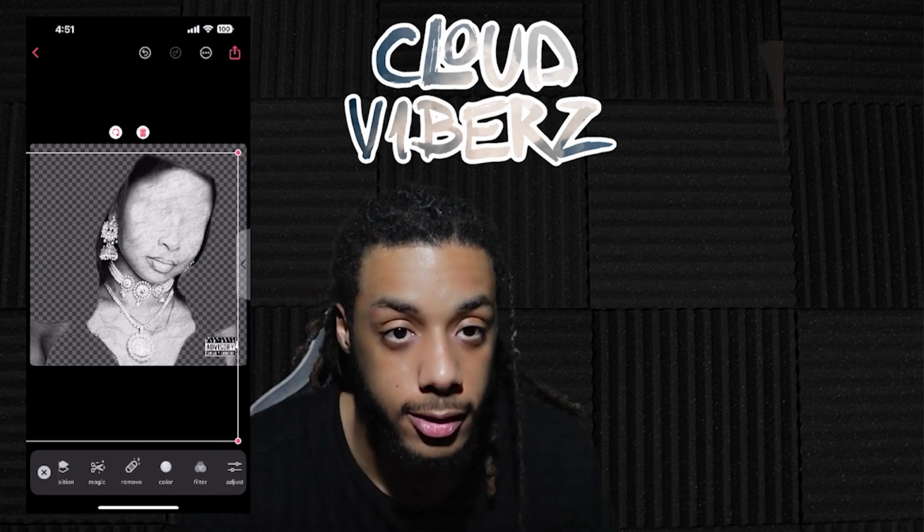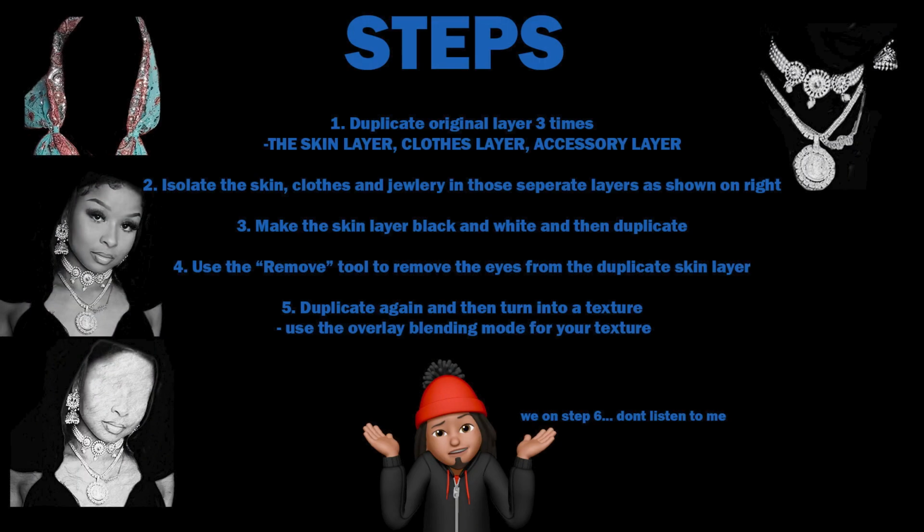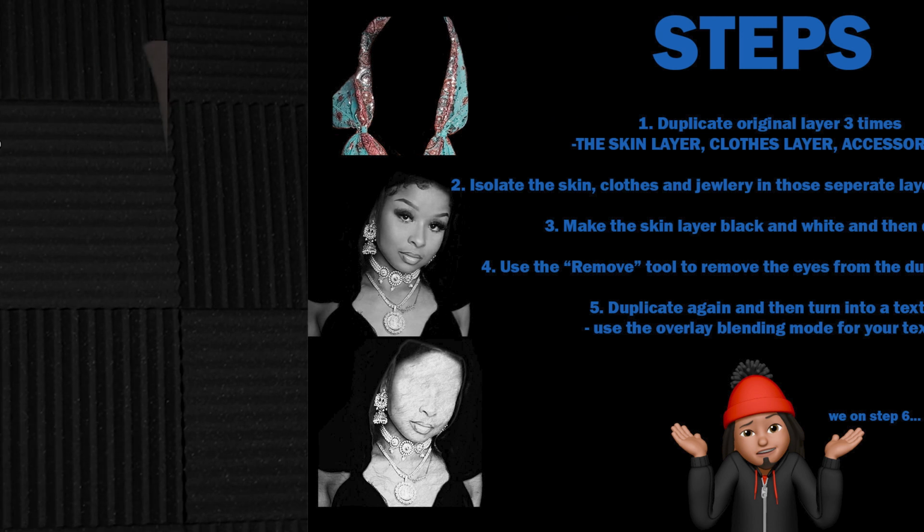So here are the steps. Separate the person from the clothing. Step 1. Step 2. Duplicate the person layer and make it black and white. Boom. Step 3. We go ahead and find a texture and texture it onto the person. Boom. That was step 3.